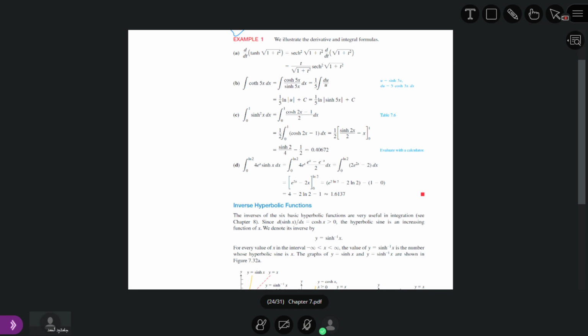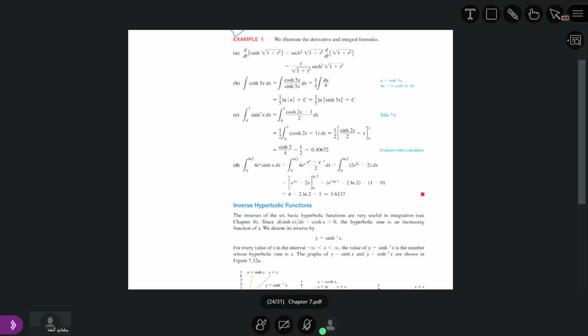So we get here t sec hyperbolic squared of square root of 1 plus t squared dot 1 plus t squared to the power minus 1 by 2. Now, whenever we shift the power minus 1 by 2 to the denominator, it becomes positive, so 1 by 2 is equal to the square root.